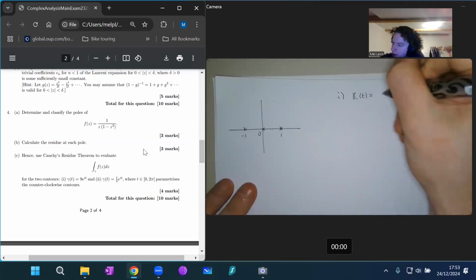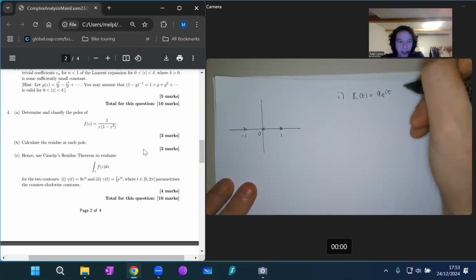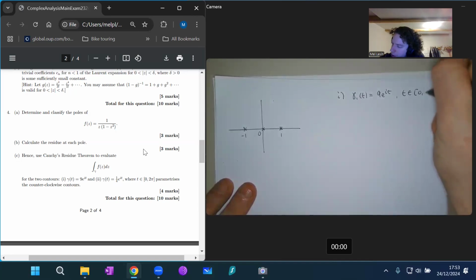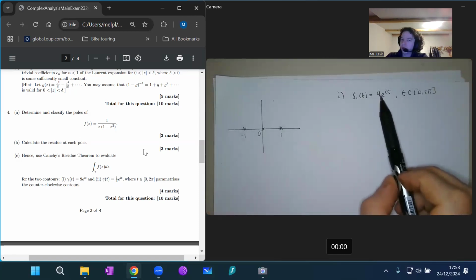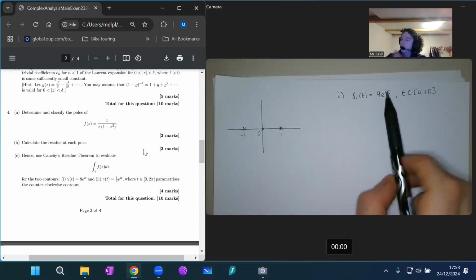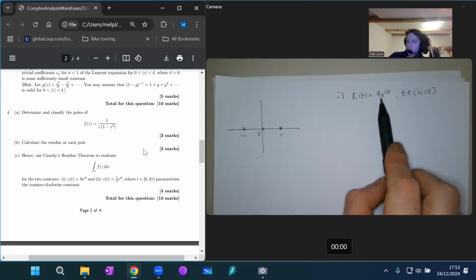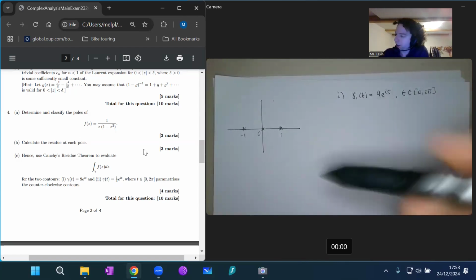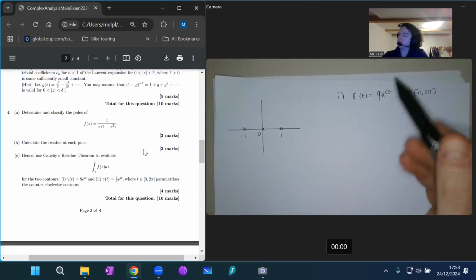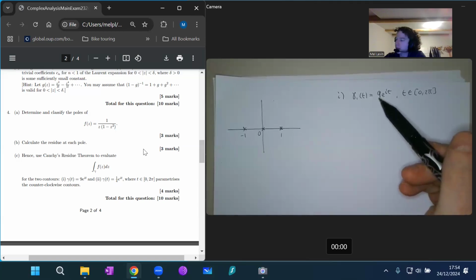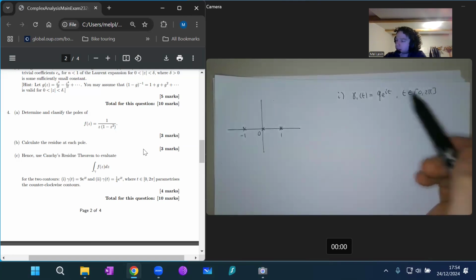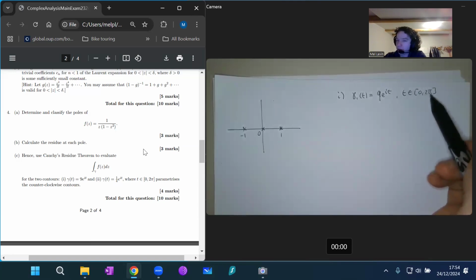Gamma 1 of t is defined as 9e to the it, where t runs from 0 to 2 pi. So 9e to the it just looks like a complex number in polar form with modulus 9 and argument t, and t runs anywhere between 0 and 2 pi.